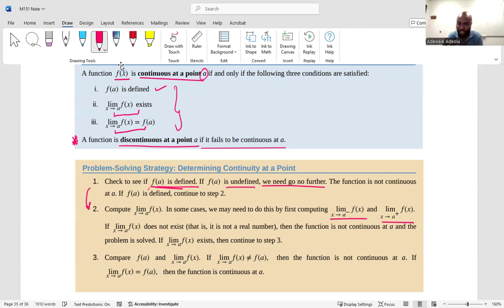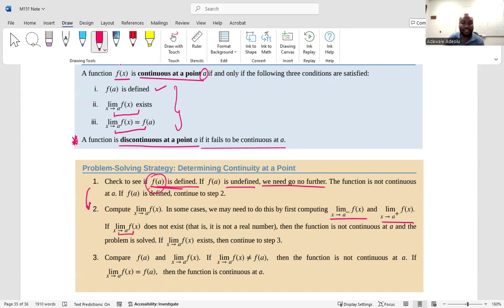If they are the same, then we claim that the limit exists. If they are not the same, then we can stop, because we've seen that f of a is defined, but the limit does not exist. So it cannot be continuous at that point.